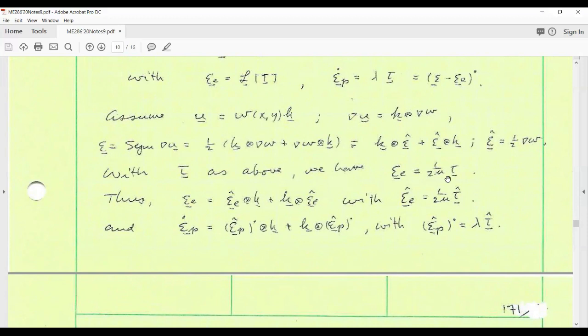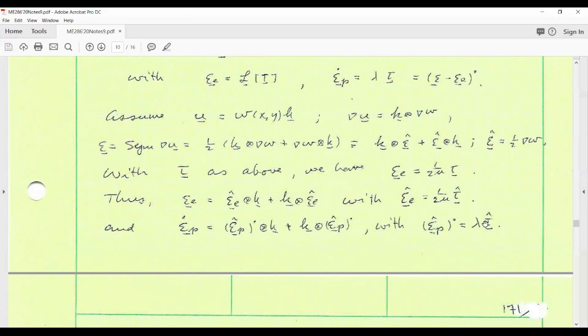And because tau has that decomposition similar to this in terms of tau hat tensor product k, and so on, the elastic strain will have a similar decomposition, where this epsilon hat now is a vector, which is 1 over 2 mu times the stress vector tau hat. So anything with a hat on it is a vector, whereas tau and epsilon without the hats are tensors.